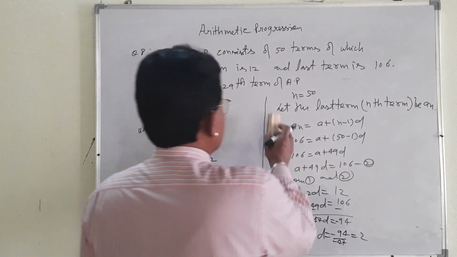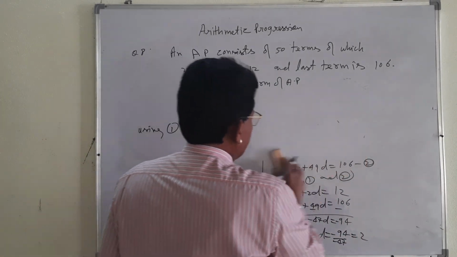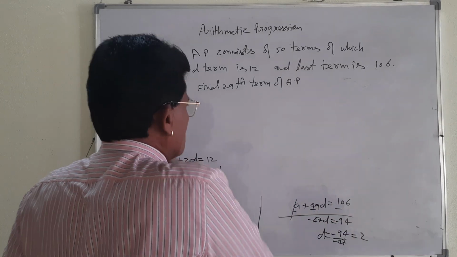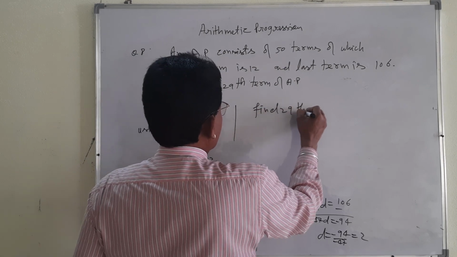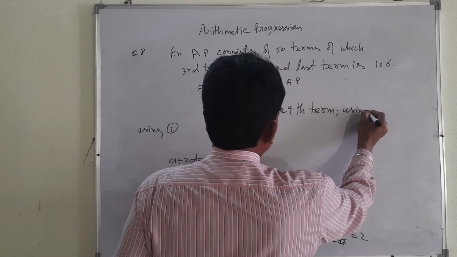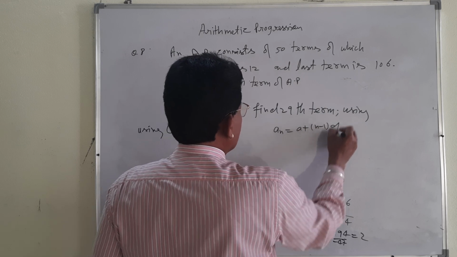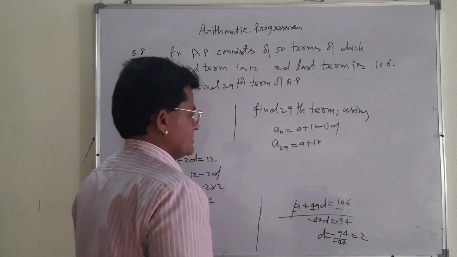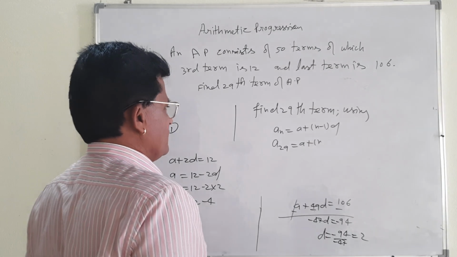And you will have to find out now the 29th term. It is given over here. How will you find out the 29th term? Using the formula an will be equal to a plus n minus 1 into d. a29 will be equal to a plus 28d.